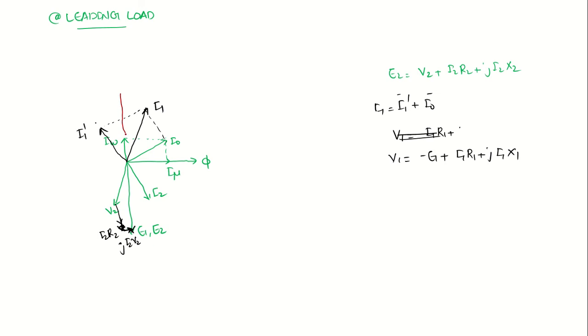And minus E1 mark ചെയ്ത്, E1 just opposite, minus E1 plus I1 R1. I1 R1 എന്ന് പറയുന്നത് I1 in phase ആയിട്ട് വരണം. This is I1 R1. Then I1 X1 എന്ന് പറയുന്നത് 90 degree with I1. This is I1 X1. ഇതിൻ്റെ റിസൾട്ടൻ്റാണ് V1 എന്ന് പറയുന്നത്. സോ വരയ്ക്കാം. From the 0 point, this is V1.